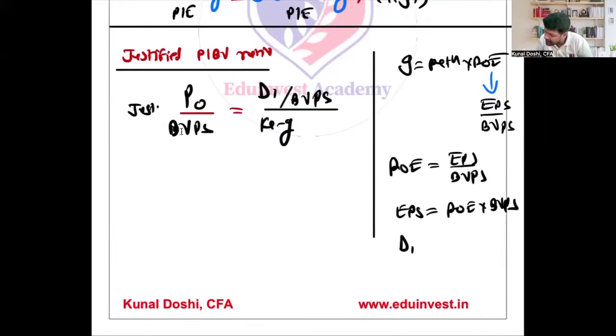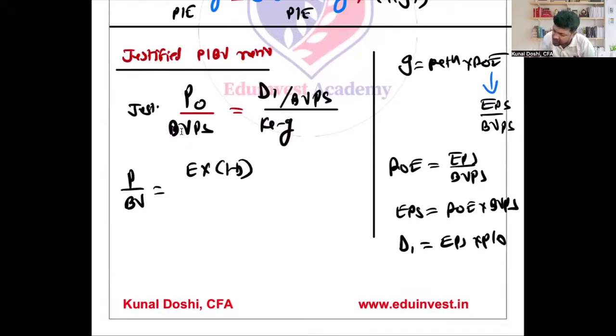Dividend is nothing but earnings into the payout ratio, isn't it? Correct. So instead of dividend, I can replace that with earnings. So now my justified price to book value ratio, dividend can be written as earnings into the payout ratio, which is 1 minus retention ratio, over the book value per share. All of this divided by cost of equity minus growth.